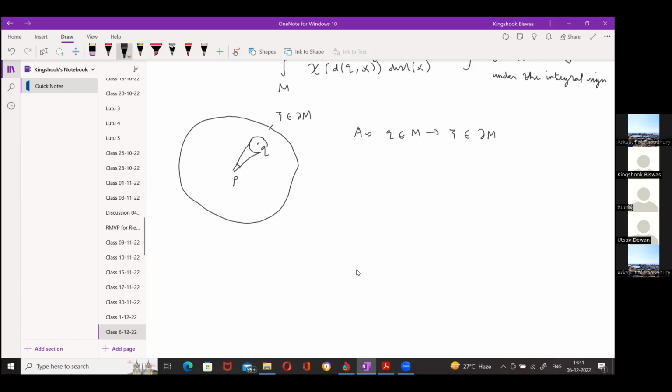So this angle going to 0 means that if I take geodesics joining P to these points in the ball, then those geodesics are going to be close to the geodesic joining P to xi. So therefore, these geodesics are going to converge to the geodesic from P to xi.